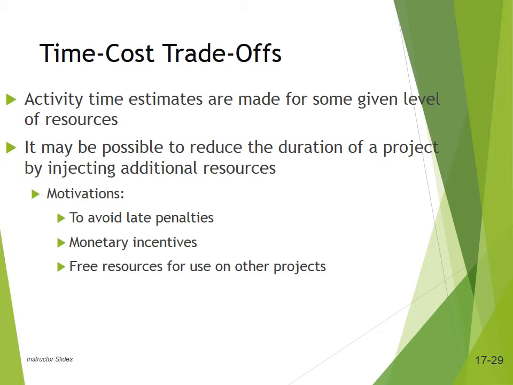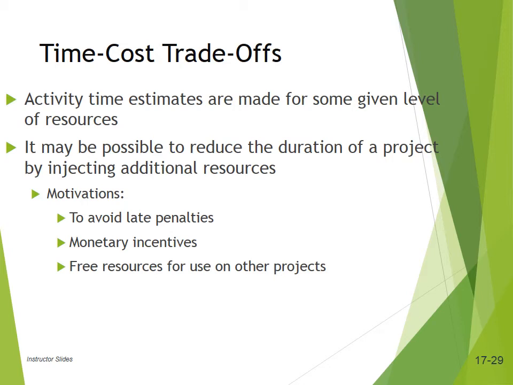Time-cost trade-off. Activity time estimates are made for some given level of resources. It may be possible to reduce the duration of the project by injecting additional resources. Say a particular piece of work can be done by 5 workers. If you increase the number of workers, then what will happen? The project can be done in a shorter time frame.